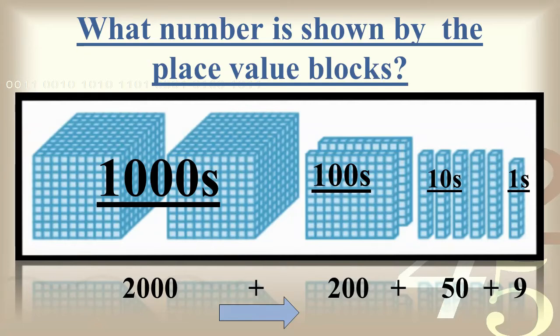So there are 10 rows of 10 or 10 columns of 10, which is a total of 100. So each of these slabs is 100. And how many slabs do we have? We have 2 slabs, a second one back there, so we have 200.